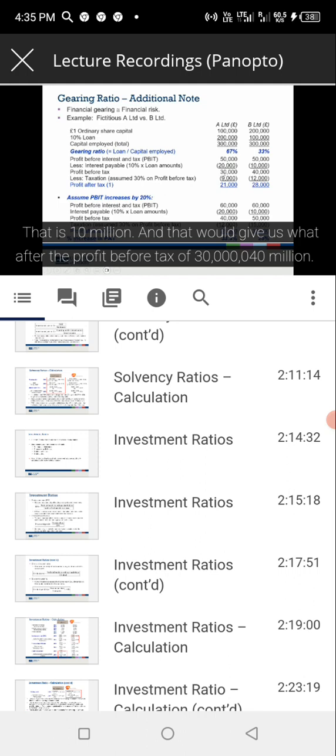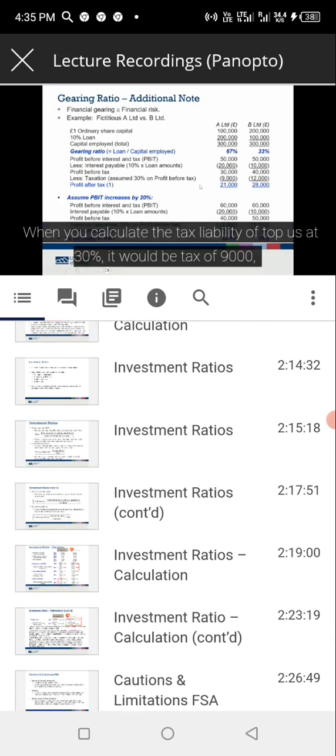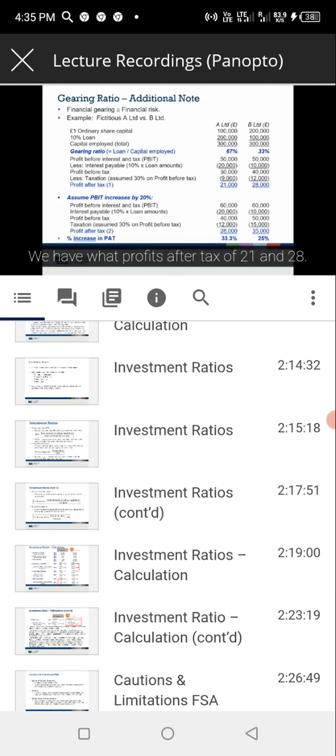And that will give us profit before tax of 30 million and 40 million. When you calculate the tax liability at 30%, A will pay tax of 9,000, B will pay tax of 12,000 because they have less debt liability. And at the end of the day, we have profit after tax of 21 and 28.